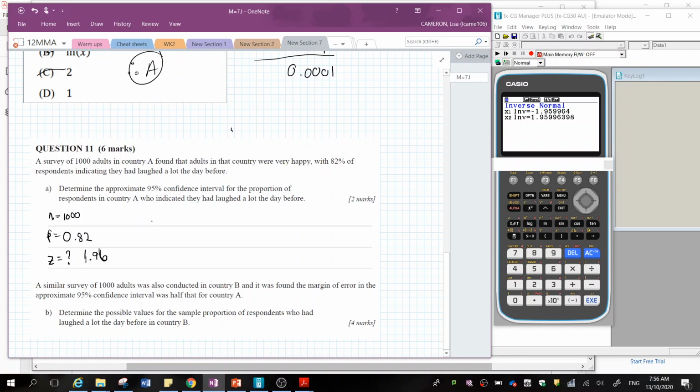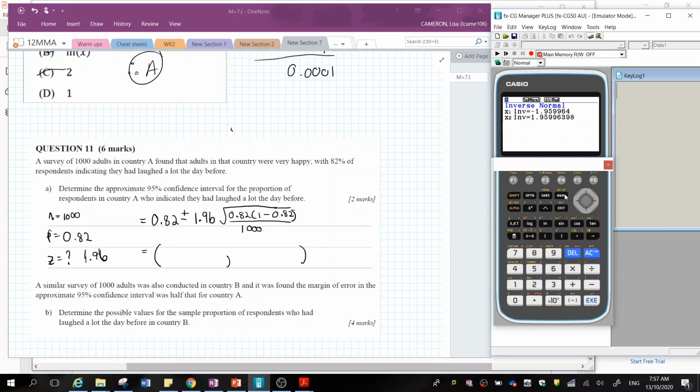So P in our case is going to be 0.82 plus minus, because we'll end up with two answers, our z-score of 1.96, we're going to square root 0.82 bracket 1 minus 0.82 all over 1,000. Okay, and when you punch that into your calculator, in the positive and negative case, you're going to get two solutions, and that's going to make up our confidence interval.